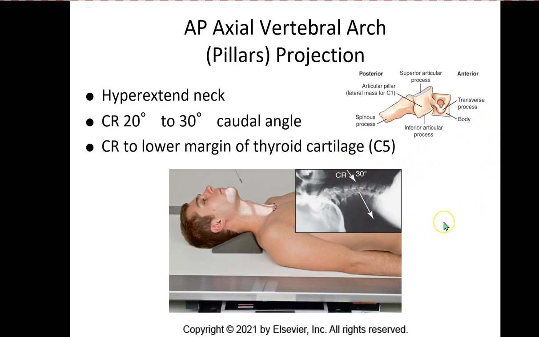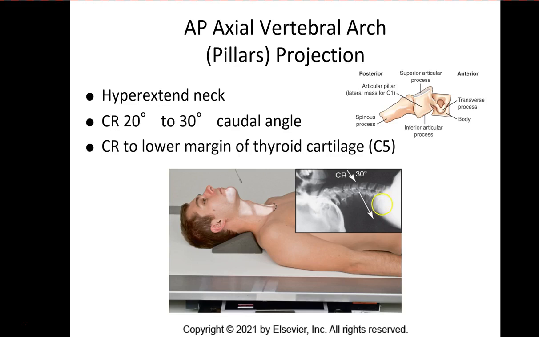The central ray should be directed to approximately C4, C5, again, just like a typical cervical spine x-ray, and you ask the patient to hold their breath and don't swallow. So this is almost identical to the routine AP that we do, except you put a caudal tube angle on.